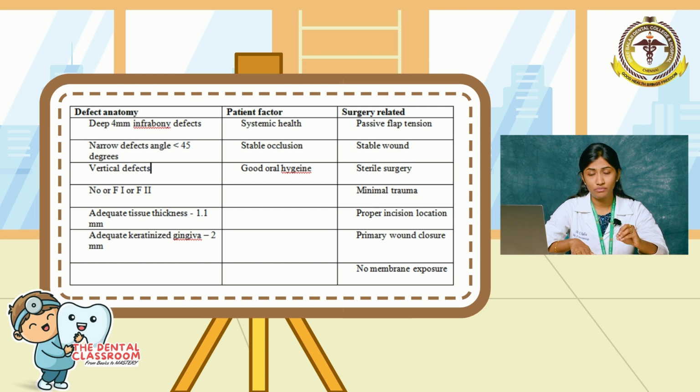We also should maintain a sterile environment to prevent infection in that area that would affect the regenerative outcomes. And passive flap tension is maintained by the adequate releasing incision designs given during the surgical technique. So these are the factors which are going to alter the outcome and success of regeneration.